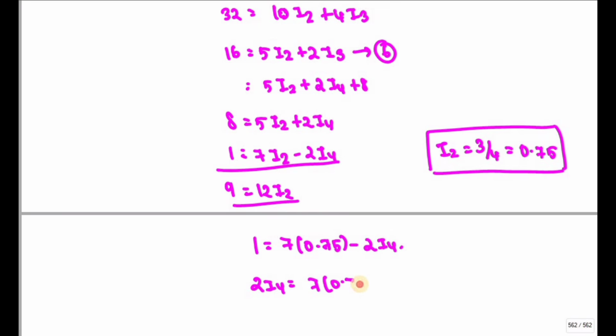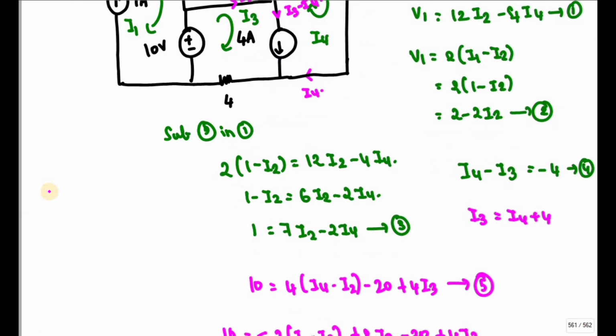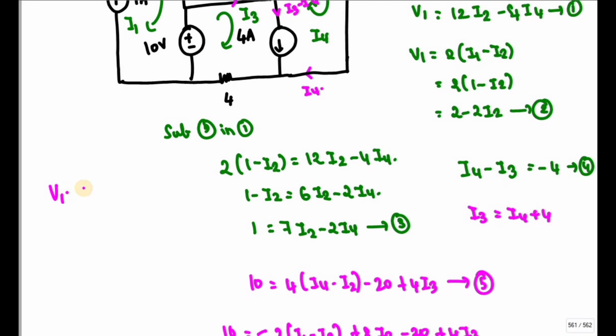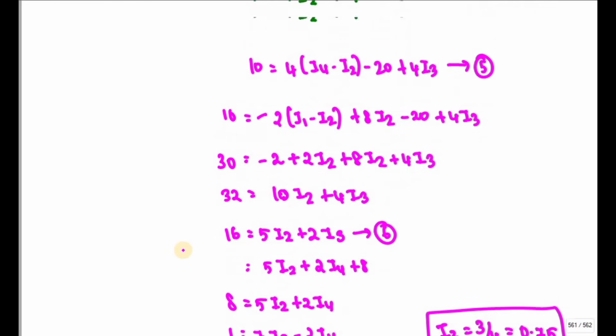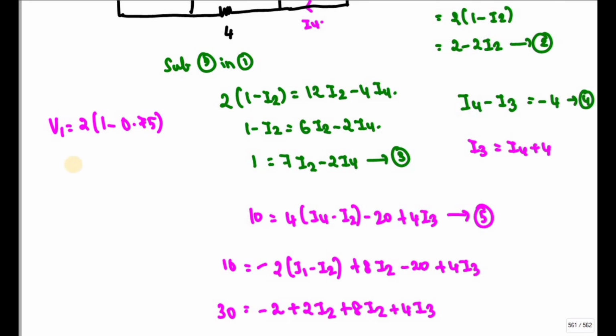On solving, I will get I4 is equal to 2.125. Once I find the values of I2 and I4, V1 is equal to 2 into 1 minus I2. Substituting I2 as 0.75, you will get V1 is equal to 2 into 0.25, that is 0.5.